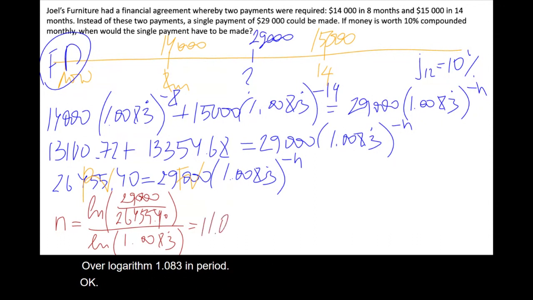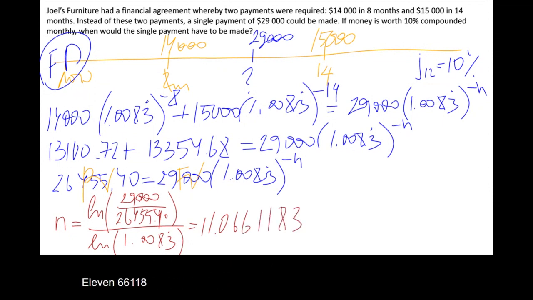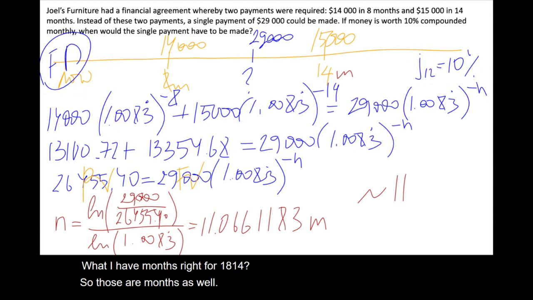I have 11.066183. Well, now I judge what I have. I have months, right? 8, 14. So those are months as well. So I could say 11 months, 11.1 if you wish. Questions, people?